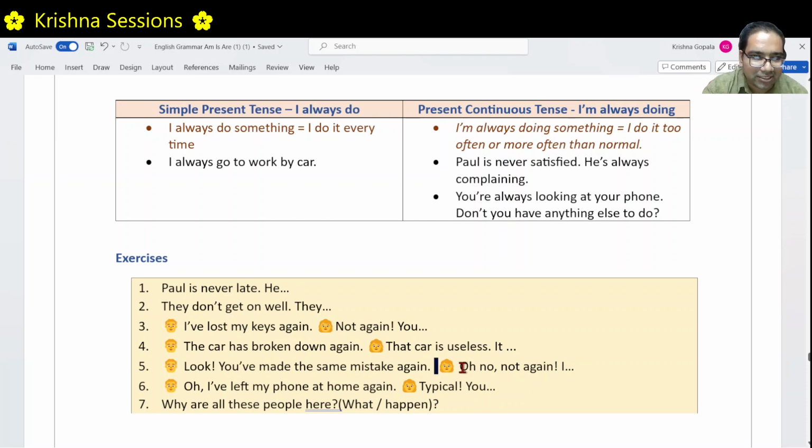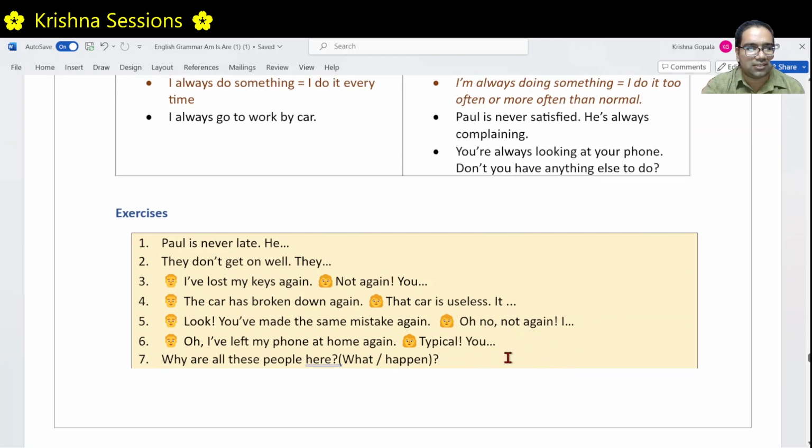If she is attempting 10 times, all 10 times she is making the same mistake, right? Which is not happening. What he means to say is she is more frequently making mistakes, right? So she should say, "I am always making the same mistake," not "I always make the same mistake."